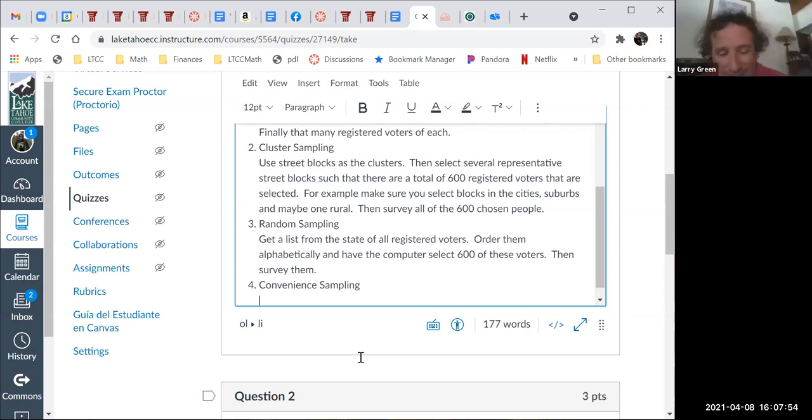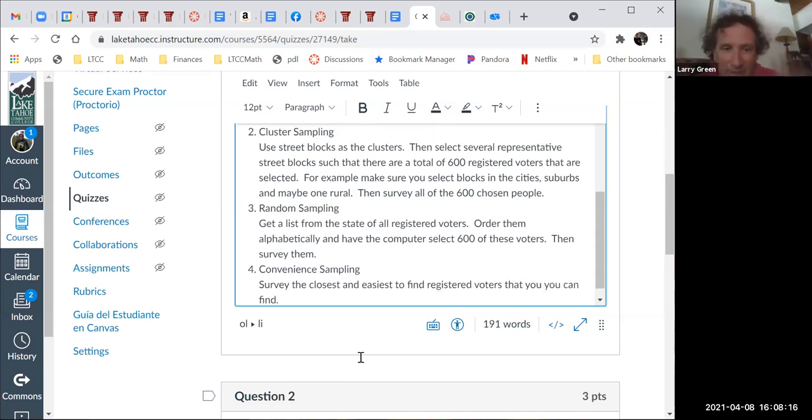Yeah, just survey the closest and easiest to find people, or actually registered voters, that you can find. Okay, convenience sampling has huge bias, but it is what it is, and that's how you do it. Any questions on question 1?